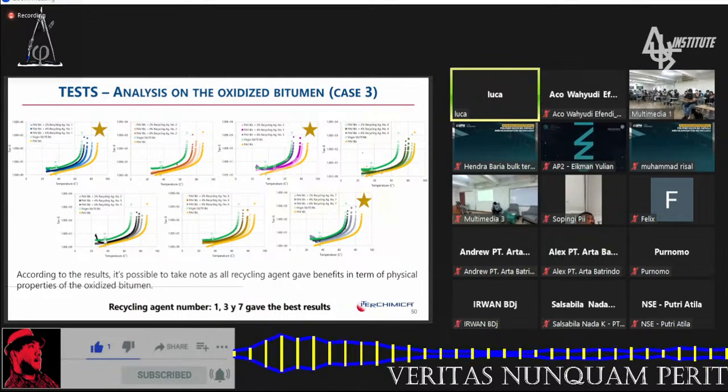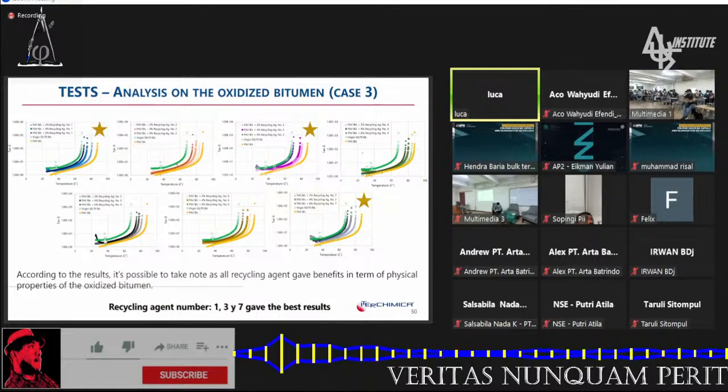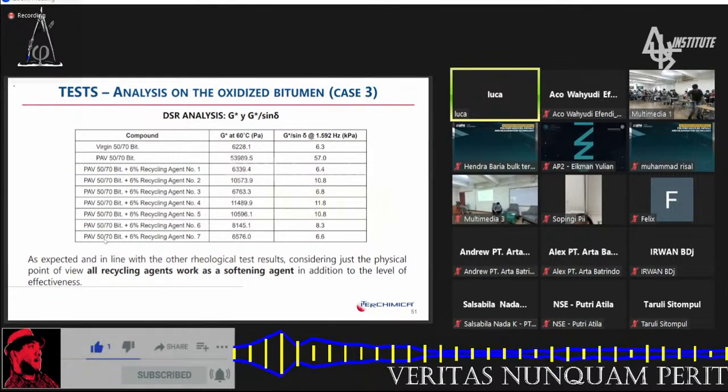They saw that, for example, samples number 1, 3, and 7, as recycling agents, can be rejuvenators. The others change the rheology of the bitumen too much, even at 2%, so they can be considered like a flux oil. But that's not the only parameter to say for sure whether it's a rejuvenator or a flux oil.